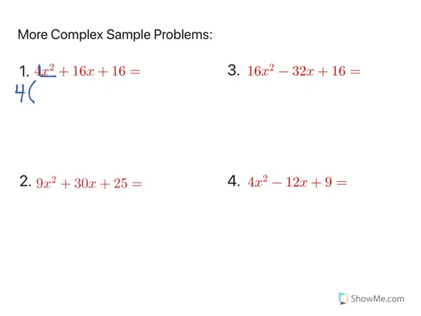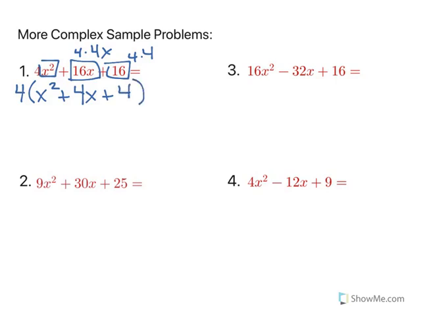So 4 times x squared would give us our 4x squared. 4 times 4x gives us 16x. So we have the 4 on the outside of the parentheses, so all we have to do on the inside is put the 4x. And 4 times 4 is our 16. One of the 4's is on the outside of the parenthesis, the other 4 goes inside of the parenthesis.